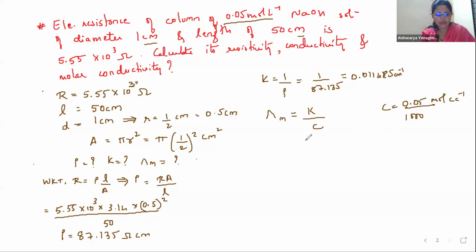Right? Correct. So substitute: molar conductivity is 0.01148 by 0.05 by 1000. Is that right? So solve it out and see how much answer you get.